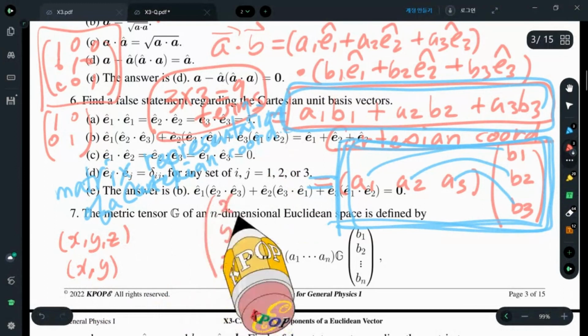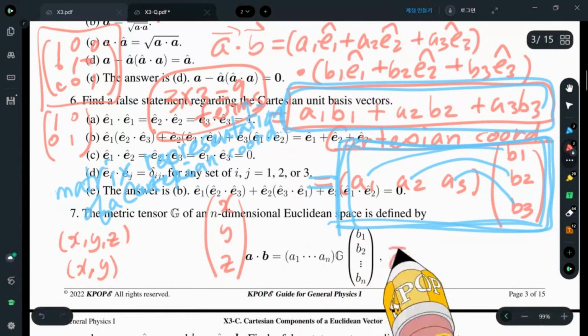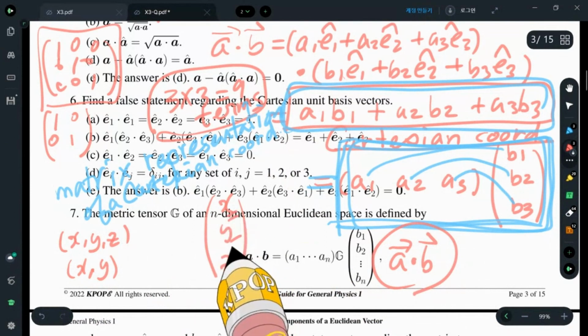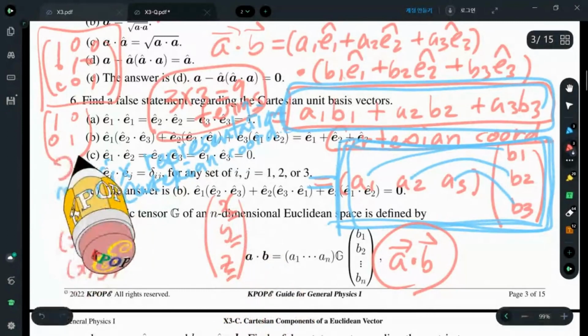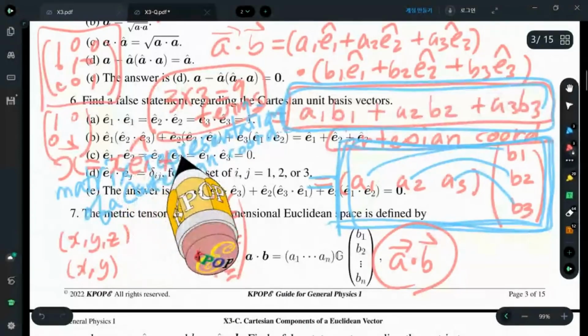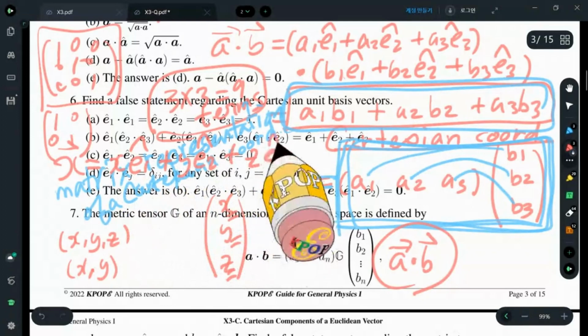If you want to compute the scalar product of two vectors in terms of Cartesian coordinates, remember x, y, z are not vectors. They are Cartesian components: x e1 hat, y e2 hat, z e3 hat.